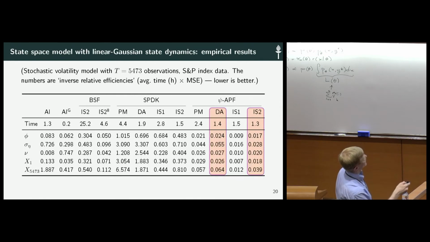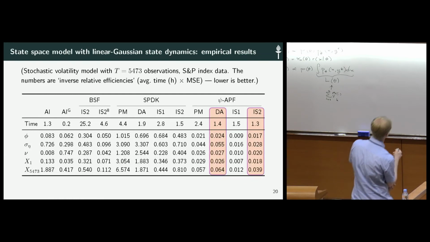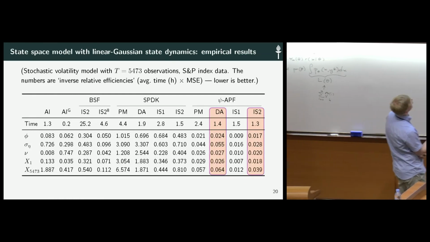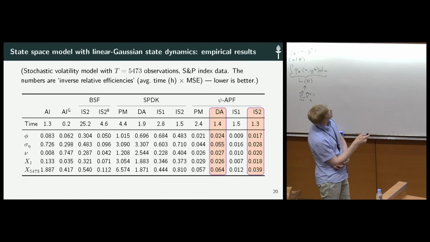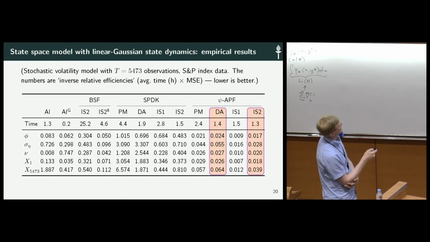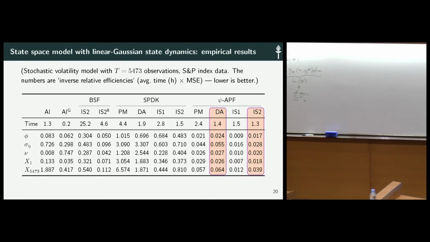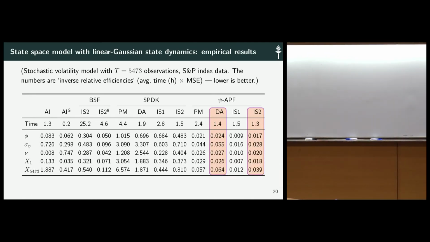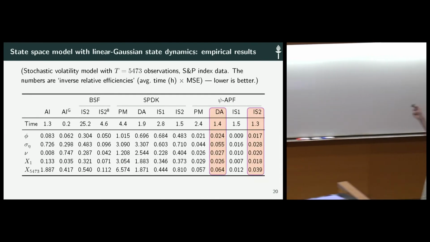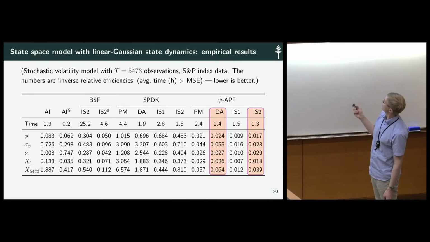The numbers are inverse relative efficiencies, so they are variance, mean square error, times average runtime. So the lower this number is, the better your algorithm is, generally.